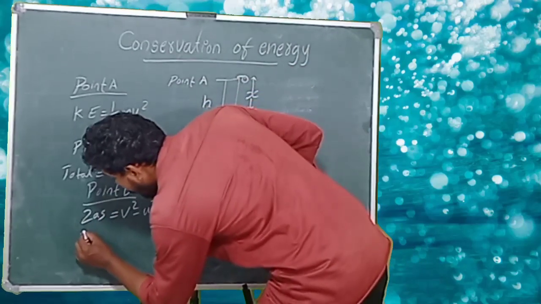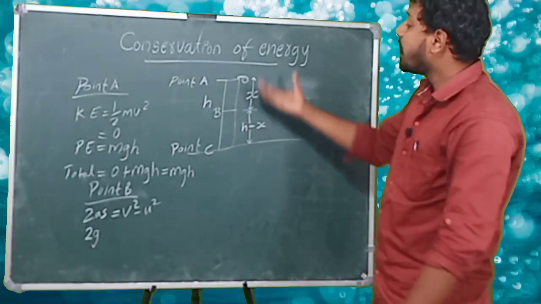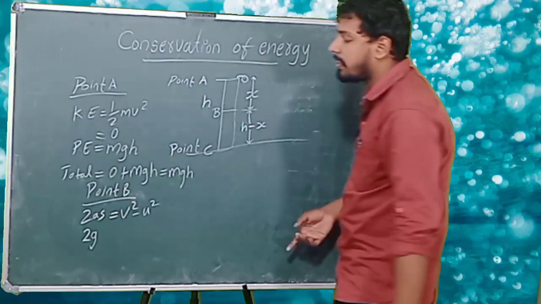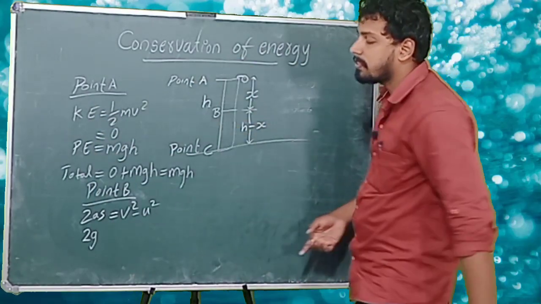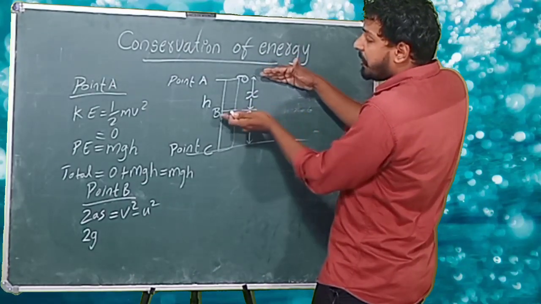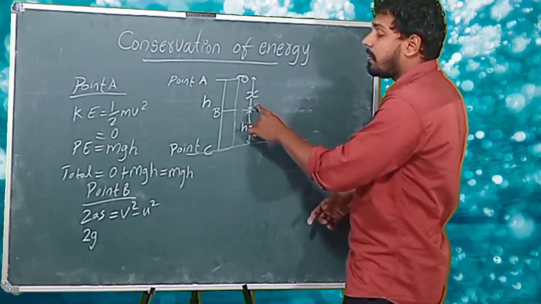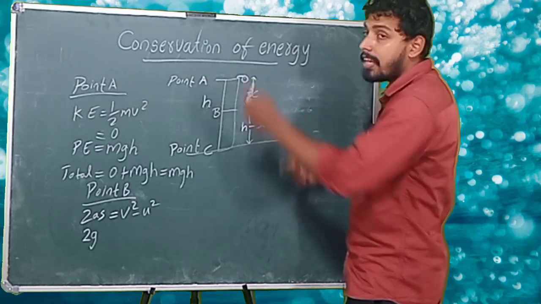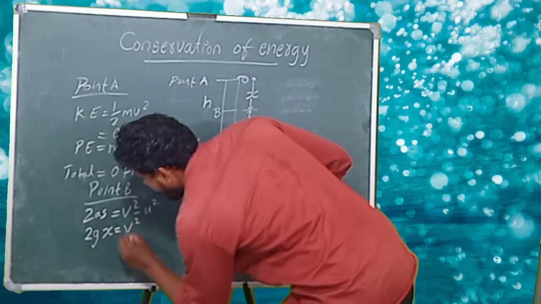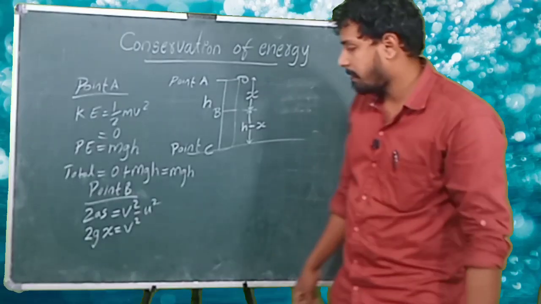That is g, because we are using acceleration due to gravity. It's a free fall. Then what is s here? In the case of point B, s is the displacement, that is x. 2gx is equal to v square. At the point B, 2gx is equal to v square.